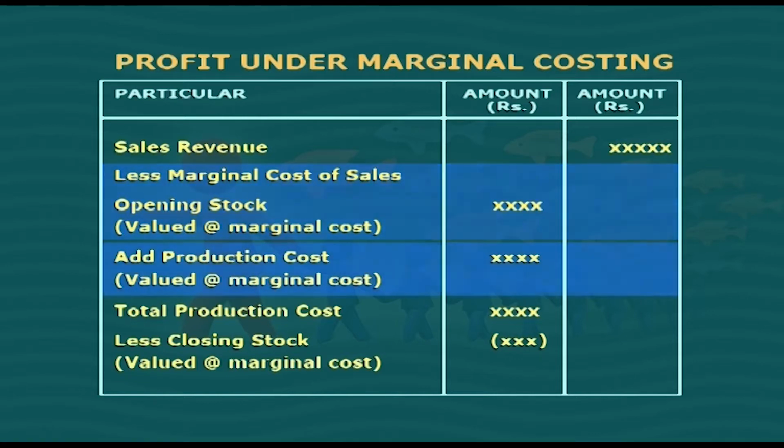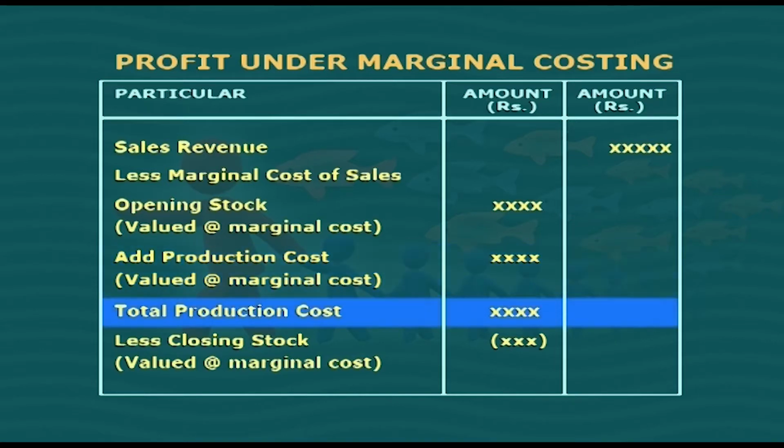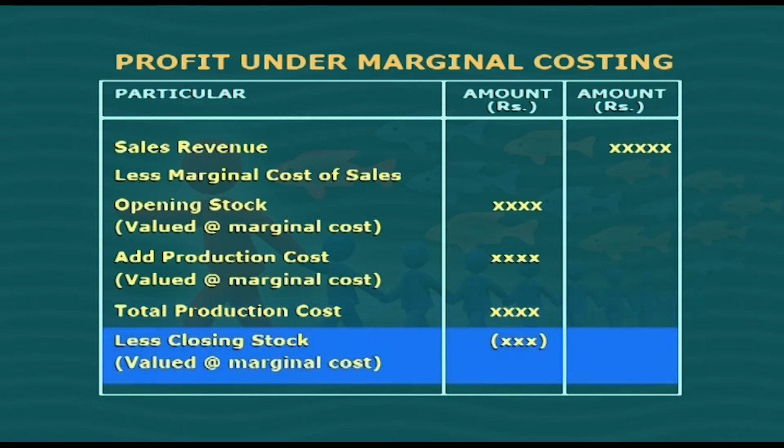marginal cost. After that, you need to add production cost, which is valued at marginal cost, and that will give you total production cost, out of which again you will deduct closing stock, which is valued at marginal cost.